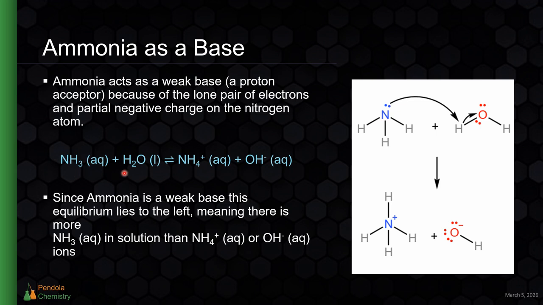When ammonia reacts with water, ammonia acts like a weak base. So I'll put that here, weak base. Whereas water, because it's been paired up with a base, and remember water is amphoteric, is going to act like a weak acid.